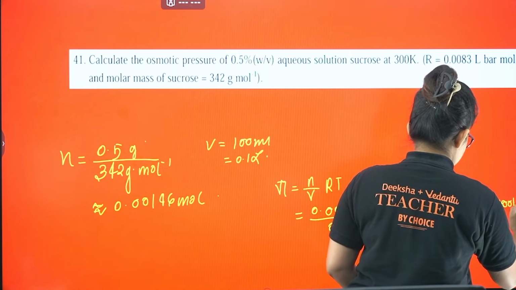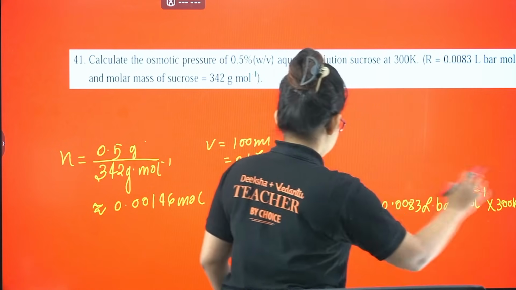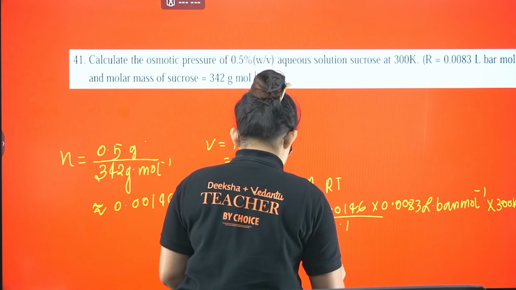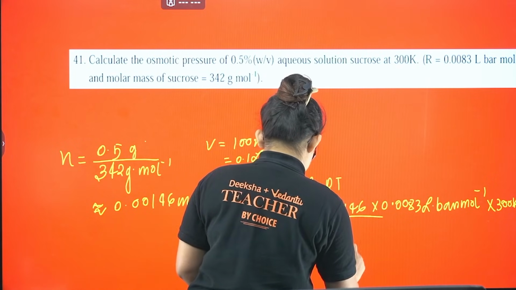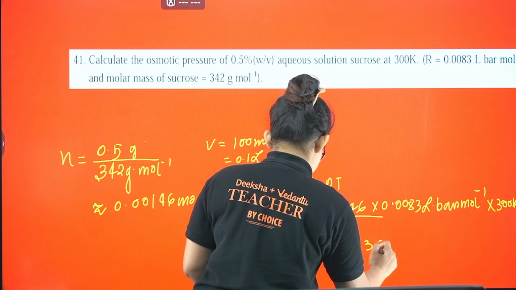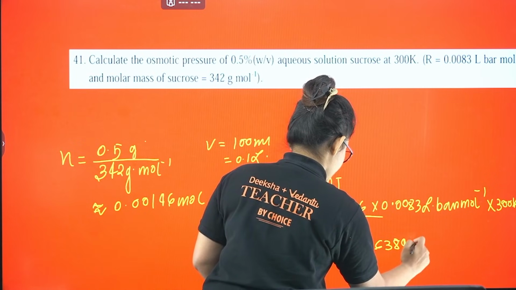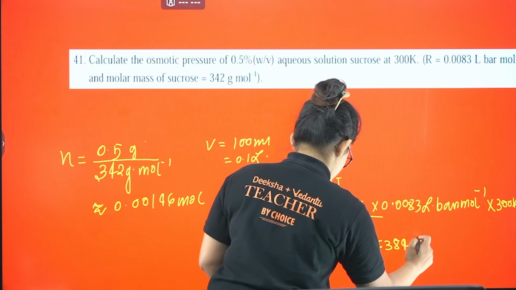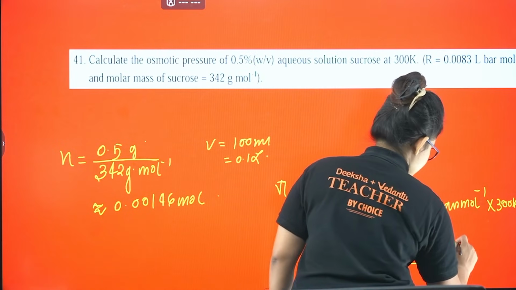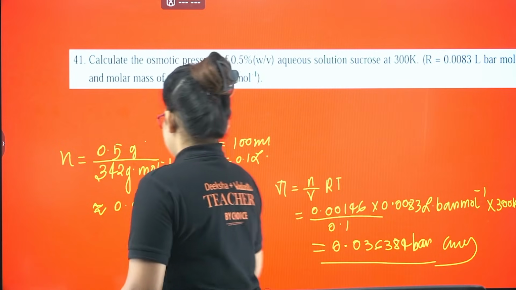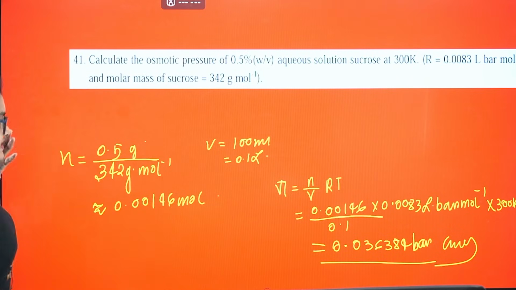Okay. So if you calculate this entire thing, your answer will come up to be something like 0.036384 bar, right. So yeah, I guess this is clear to you.